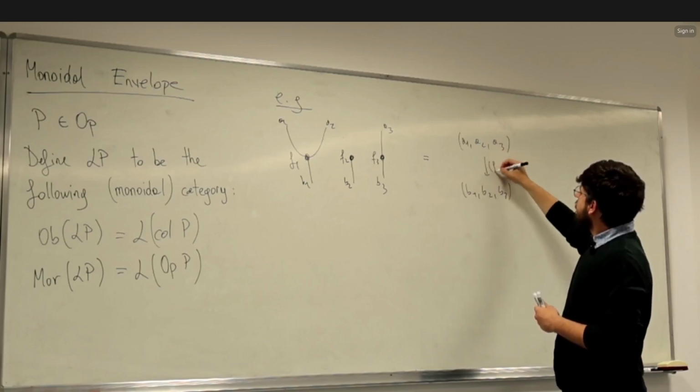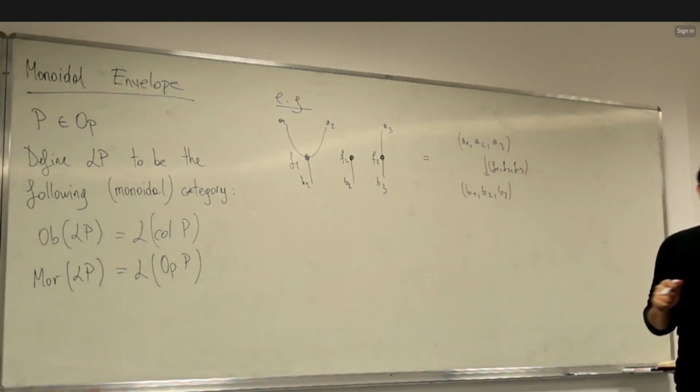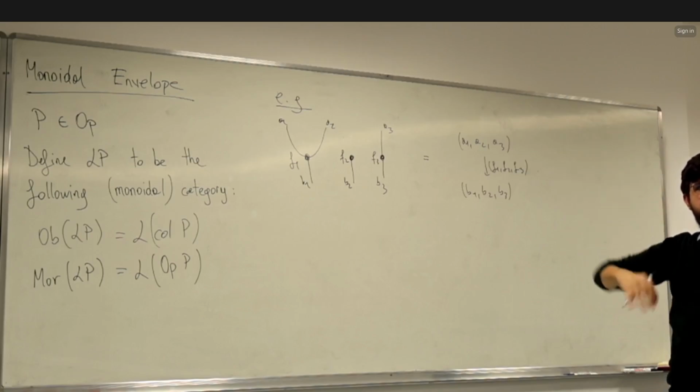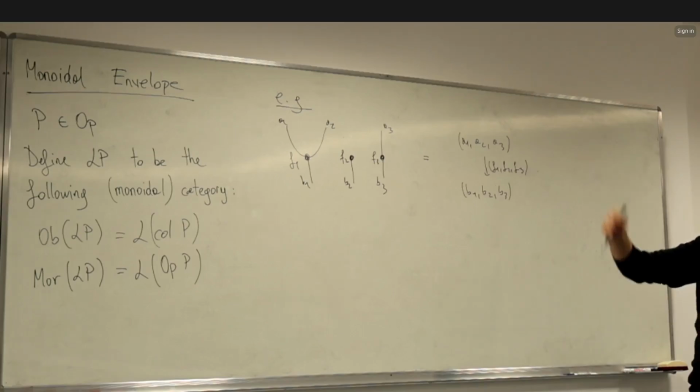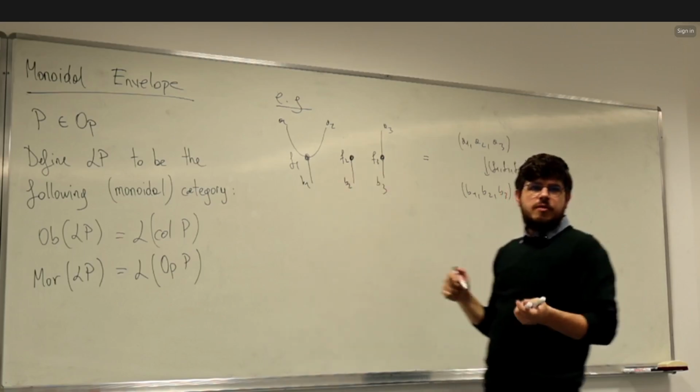So that's how it works. You just take sequences of things and you consider them as objects, and any sequence of operations gives you a morphism.